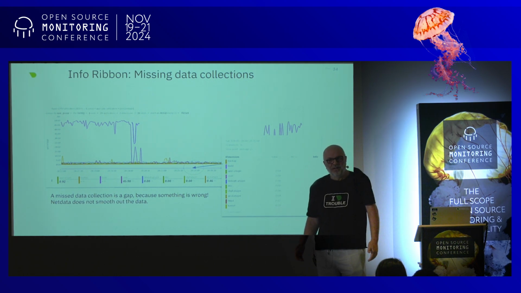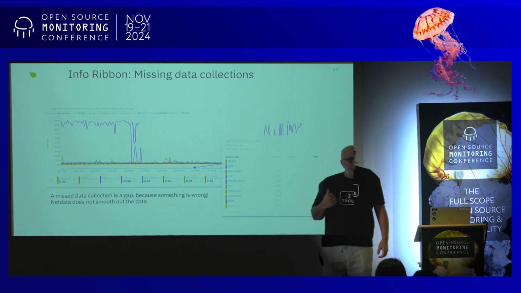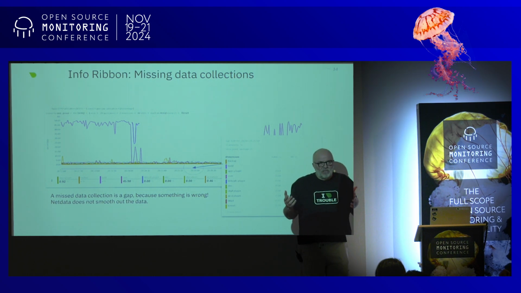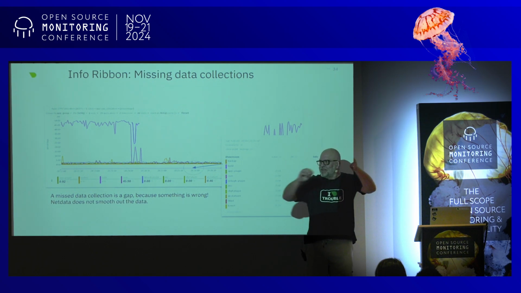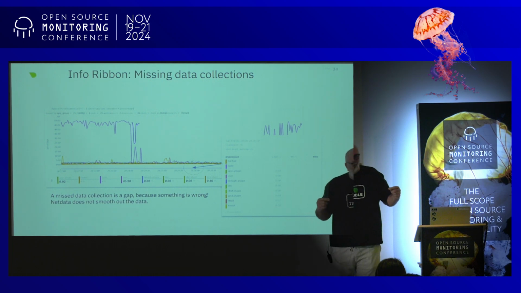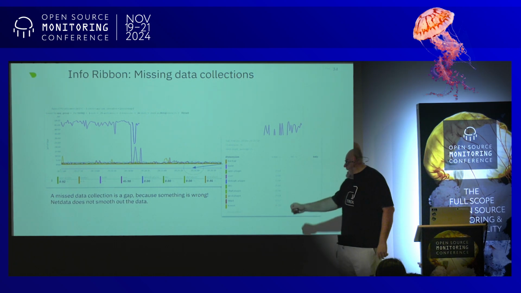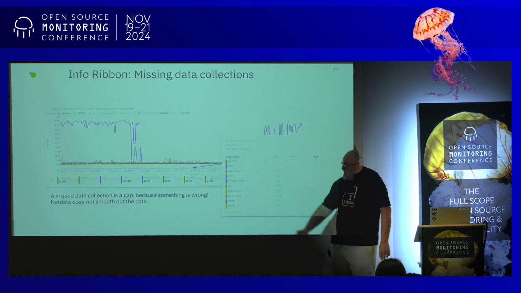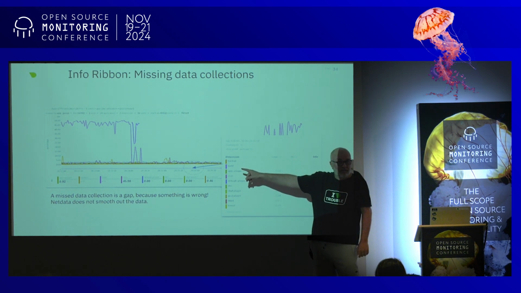Something doesn't work. What do all the other observability platforms do? They connect the dots. So they miss a beat, or the beat fluctuates, and they just connect the dots on all the visualization. This happens on every observability platform. Netdata is the only tool that if it misses a beat, there is a gap, and you know it.